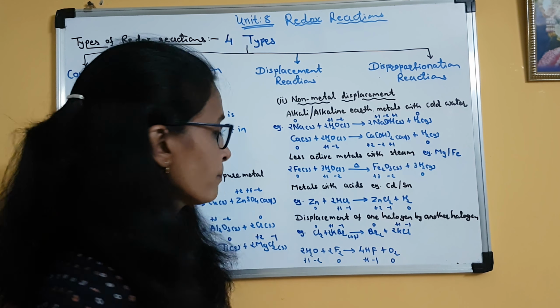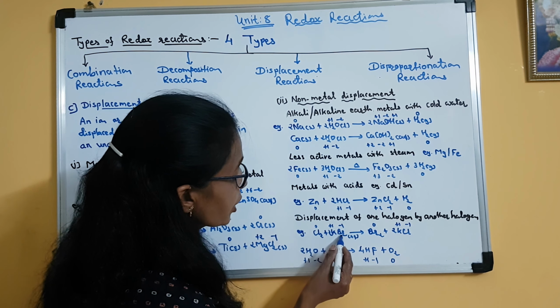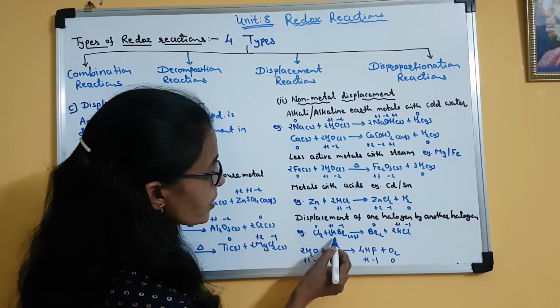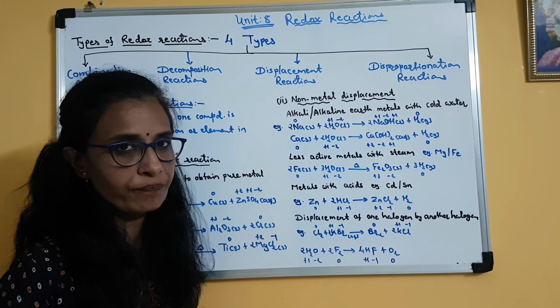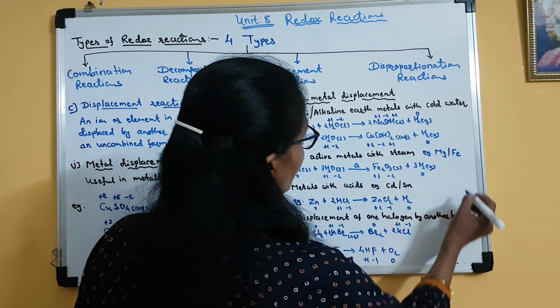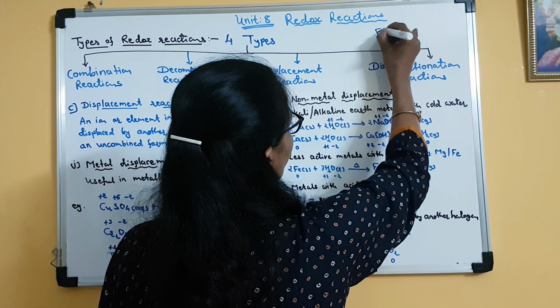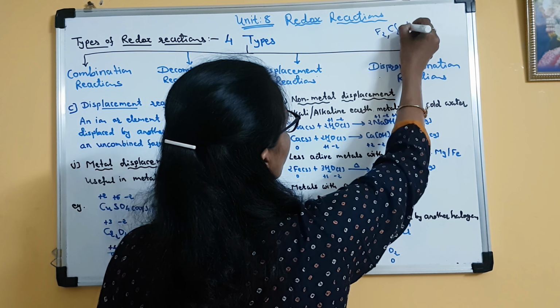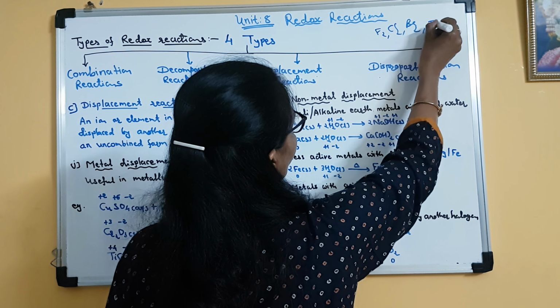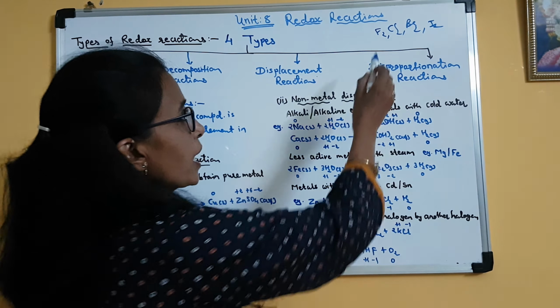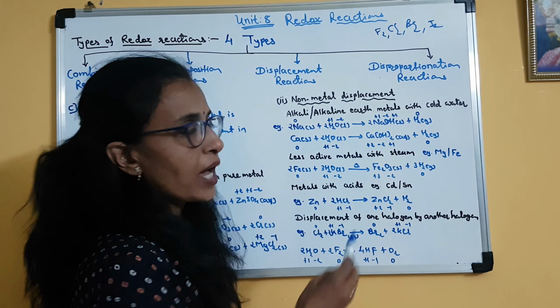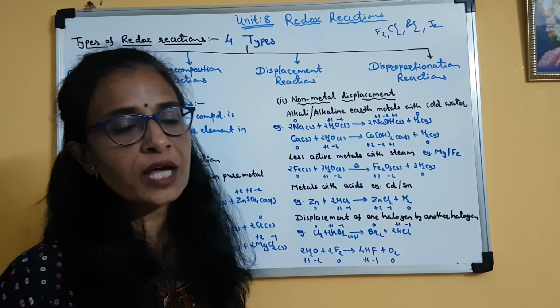Clear? But here you can see, in order to displace bromine from its compound, I have used chlorine. Now in halogens, we have four different types: F2, Cl2, Br2 and I2. So Cl2 can be used to displace Br, and Br2 can be used to displace iodine.